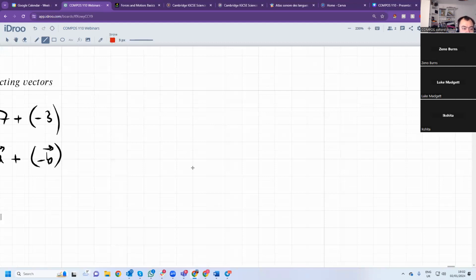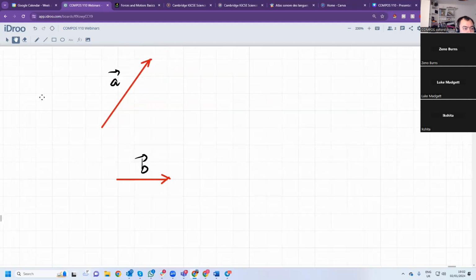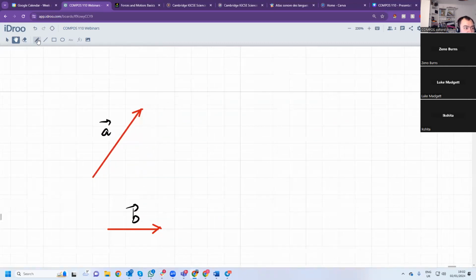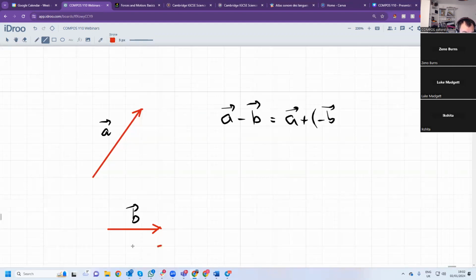If you have vector A and vector B, and you want to find vector A minus B, that is the same as A plus minus B. So you need vector minus B. You draw vector minus B, which is the same as B but in the opposite direction.